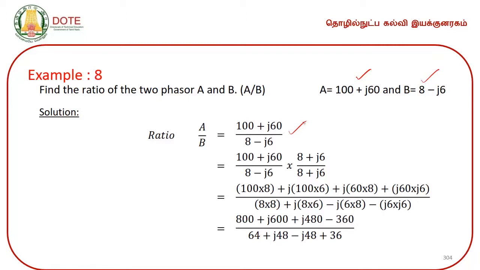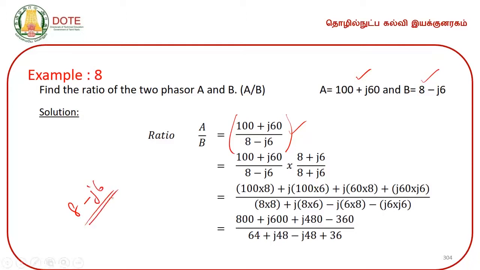Whenever you want to find out the ratio, or divide a rectangular quantity by another rectangular quantity, you need to multiply this expression with the conjugate. What does it mean? What is the denominator? You see here the denominator is 8 minus j 6.